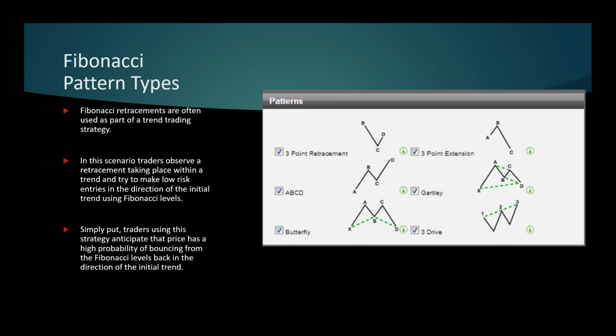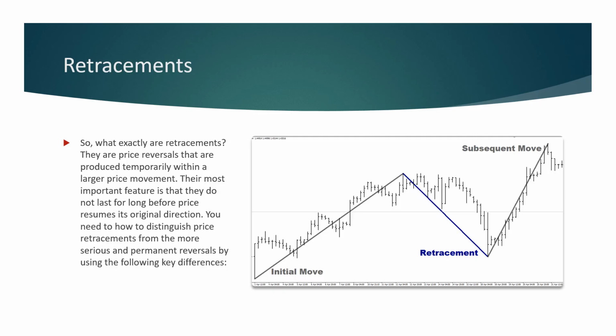Now, one of the easiest ways to see or notice these trend patterns is in combination with Fibonacci retracements, because Fibonacci retracements will help us see when a retracement is happening or perhaps it is a reversal. Simply put, using this tool can help you determine which direction the trend is about to move.